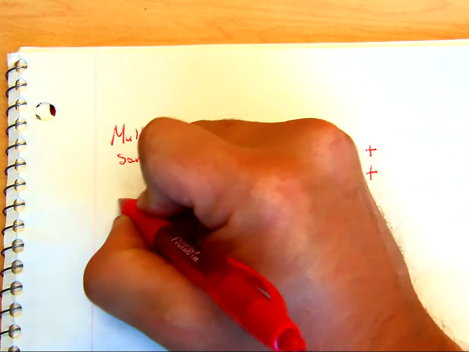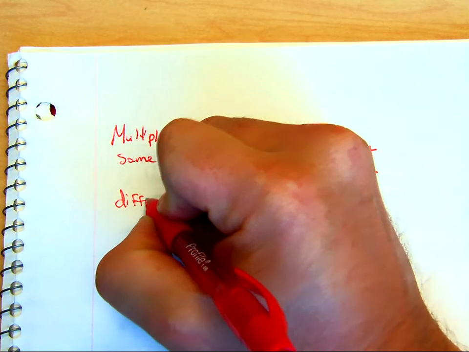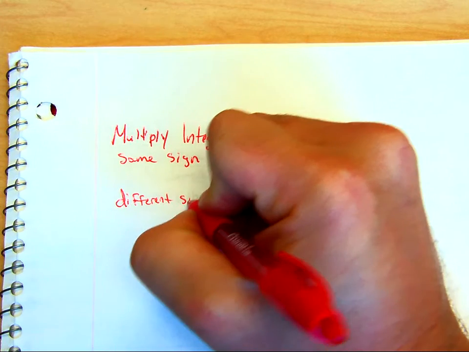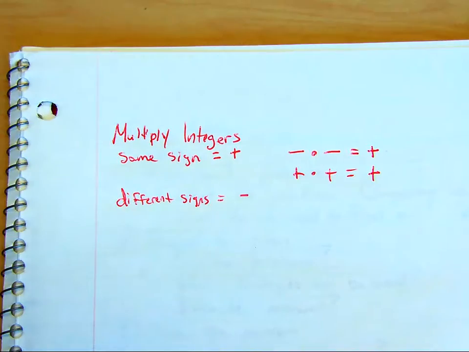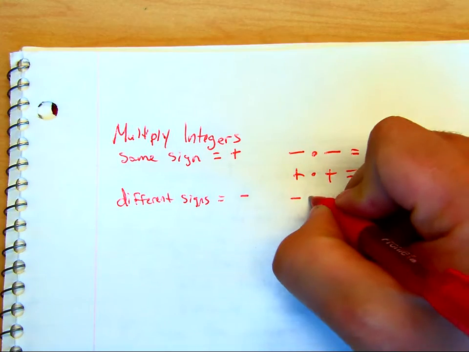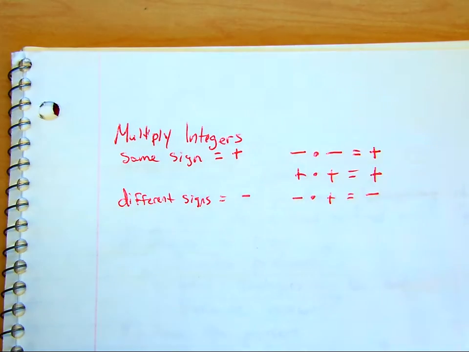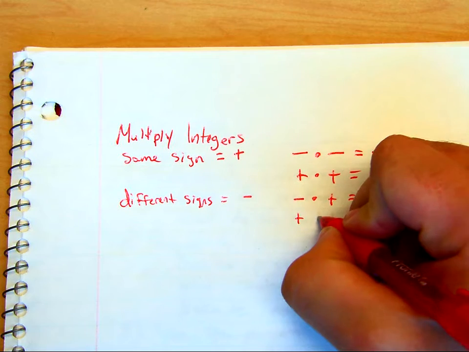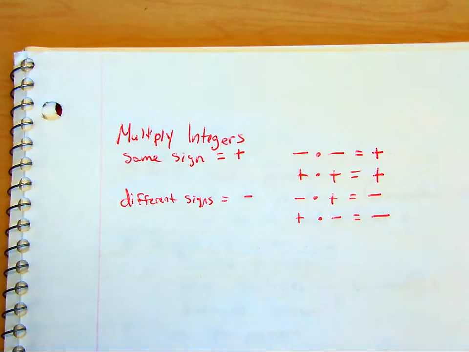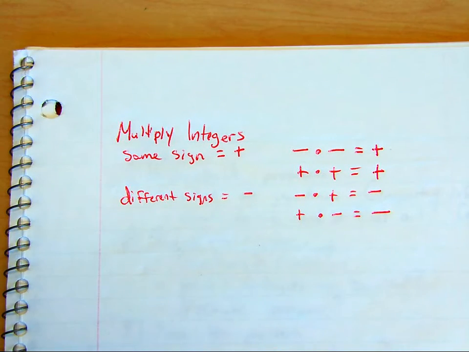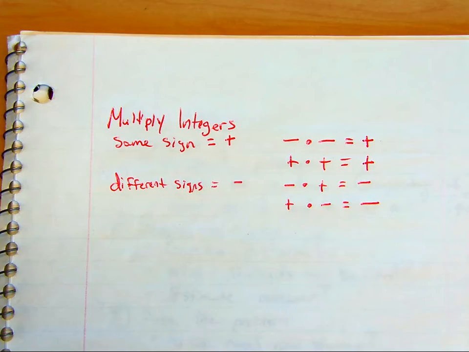We also have, if there's different signs, our answer is going to be negative. So a negative times a positive is a negative, and a positive times a negative is also a negative. We're going to look into why that is.